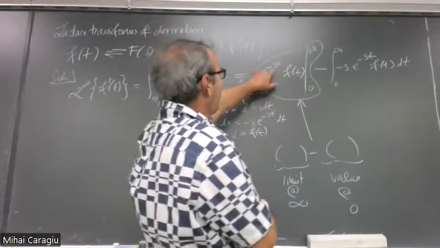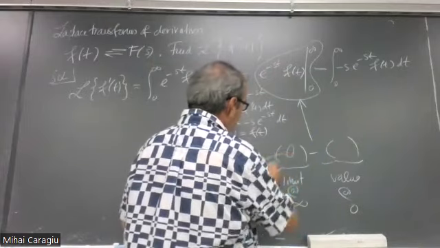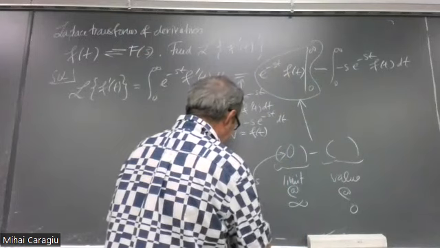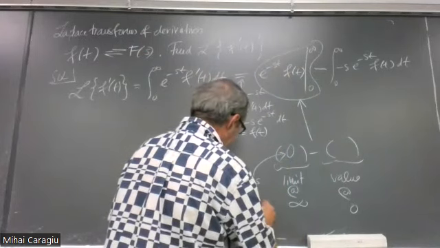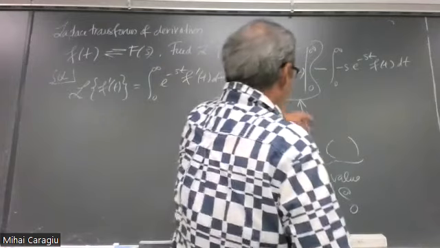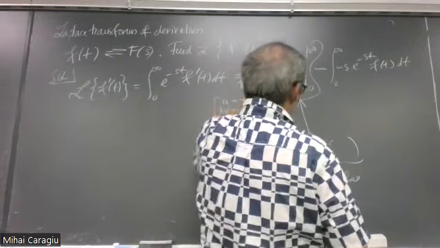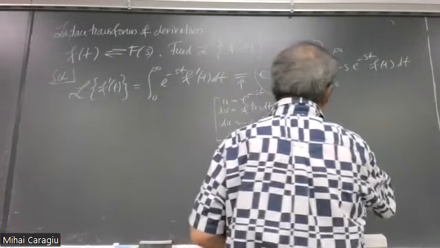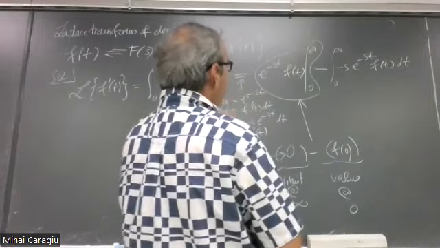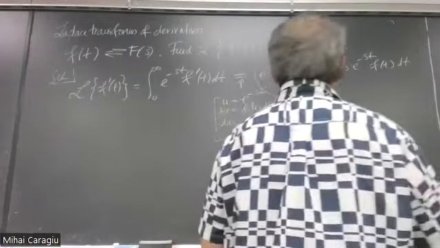So for s large enough, this will be 0. What about the value at 0? The value at 0: e to the minus s times 0 is 1, times f of 0. So basically, for s large enough, the whole difference would be minus f of 0.